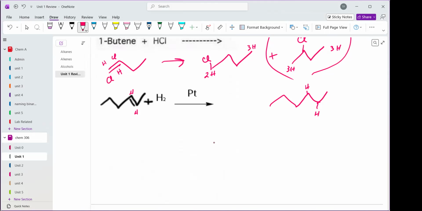Now, this is a very slow reaction. So we have to add a catalyst to speed it up. In fact, it's so slow, it doesn't go. So we add a catalyst and it's a normal reaction. Okay, so this is going to be 6-membered. So it's going to be a 2-hexene. And this is going to be hexane.